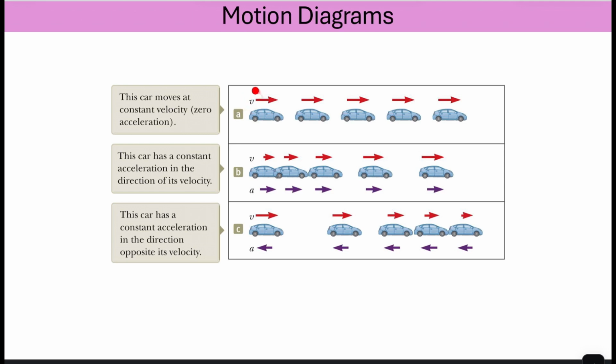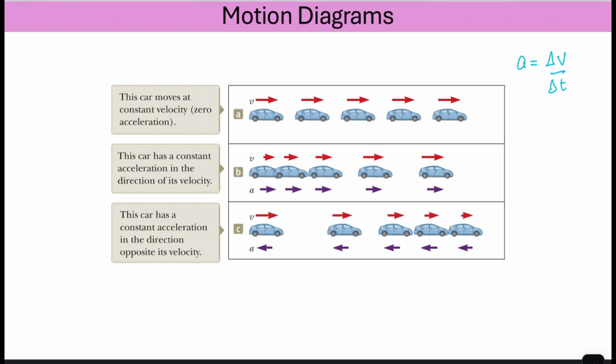Because the diagram itself shows us the V, we know that the V is constant, therefore the A is 0, because A is defined as delta V over delta T. Remember this. And now if we refer to diagram B, from the first picture to the second, to the third, to the fourth, to the fifth, the distance is different.